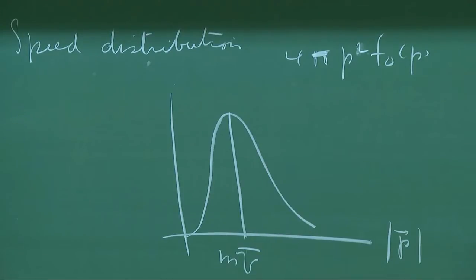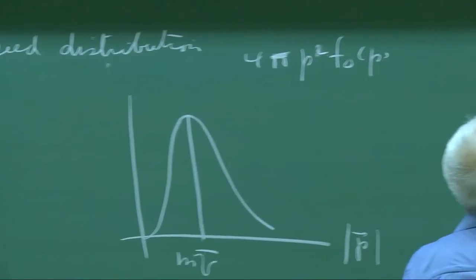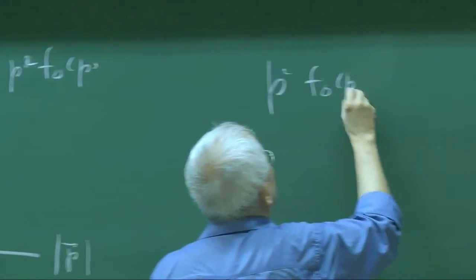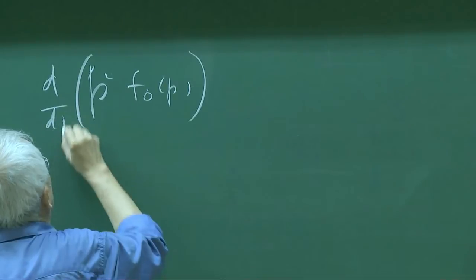Now, since the thing is Gaussian, this is very easy, right? I have p squared, never mind the 4 pi, p squared f0 of p. I want the maximum, so d/dp is equal to 0.